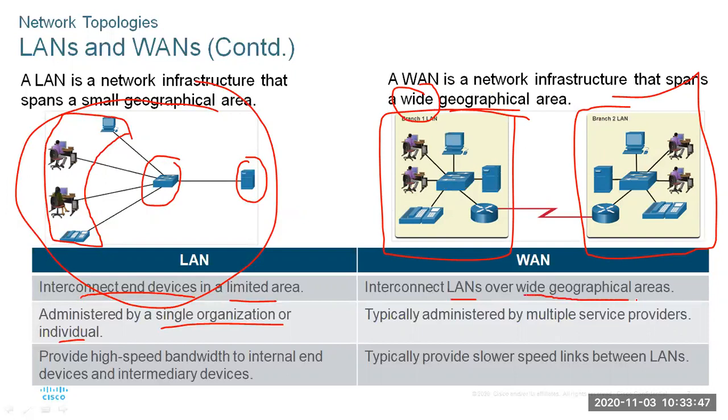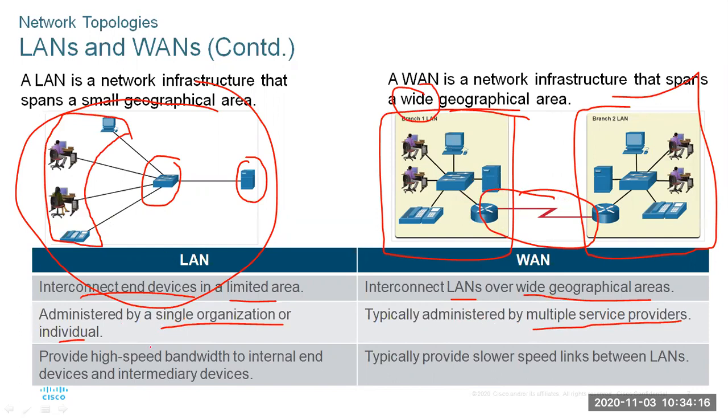Over a wide geographical area. This is the symbol that we use for a wide area network. This is trying to tell us that this LAN is connected in a different location, and this one is connected in another location, very distant from one another, and is typically administered by what? Multiple service providers. All right, while a LAN is administered by a single individual or organization.